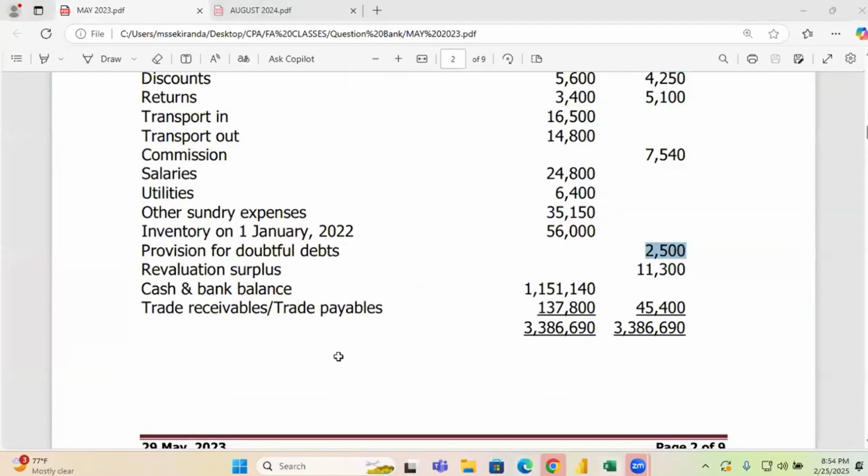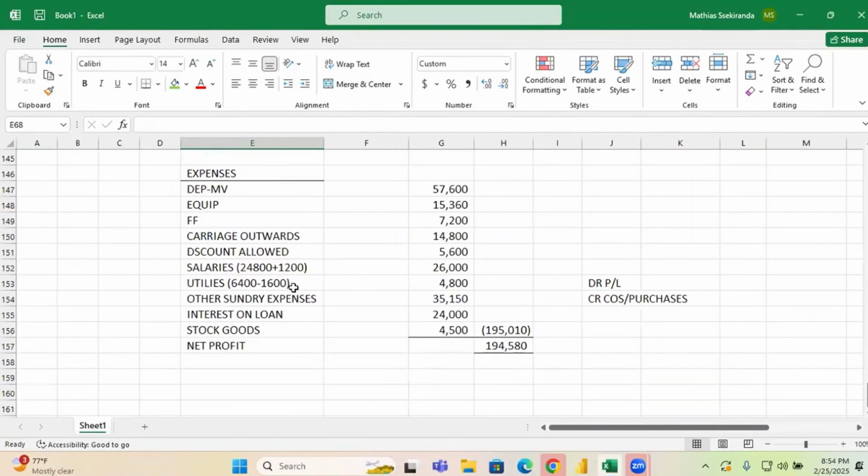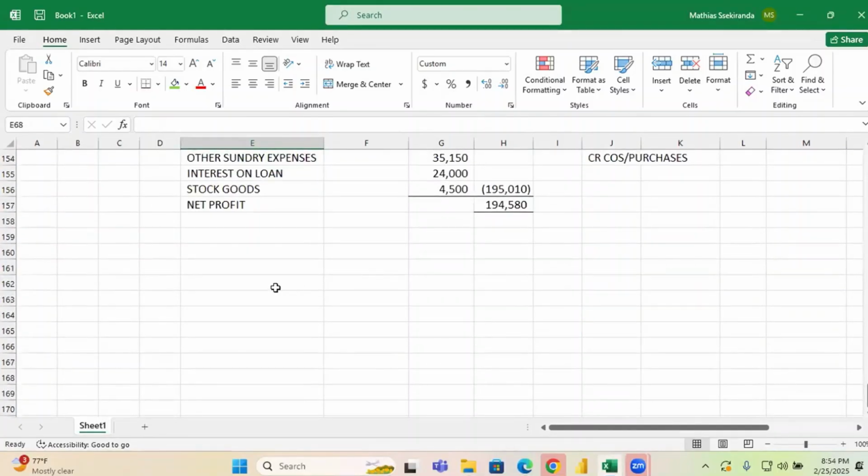So now, after understanding that, you have seen the number. Each component of equity will have a heading.